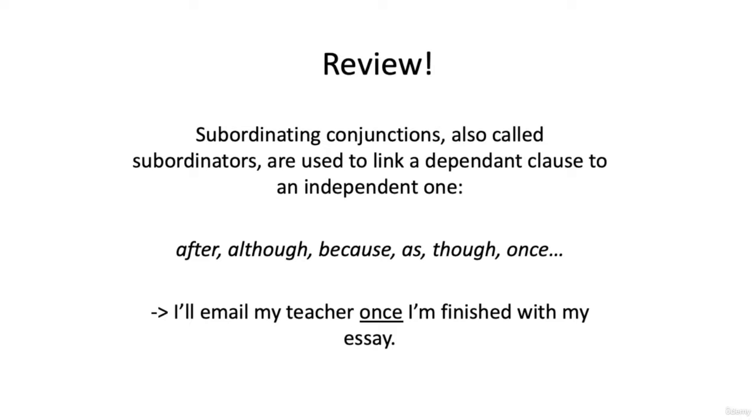Subordinating conjunctions, also called subordinators, are used to link a dependent clause to an independent one. Some examples of subordinators are after, although, because, as, though, once, etc. For example, I'll email my teacher once I'm finished with my essay.